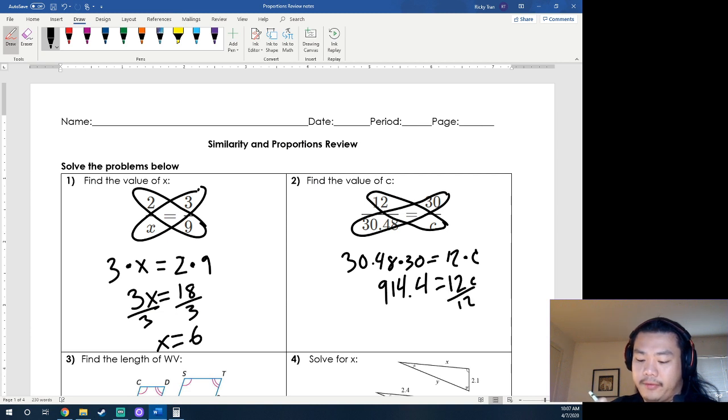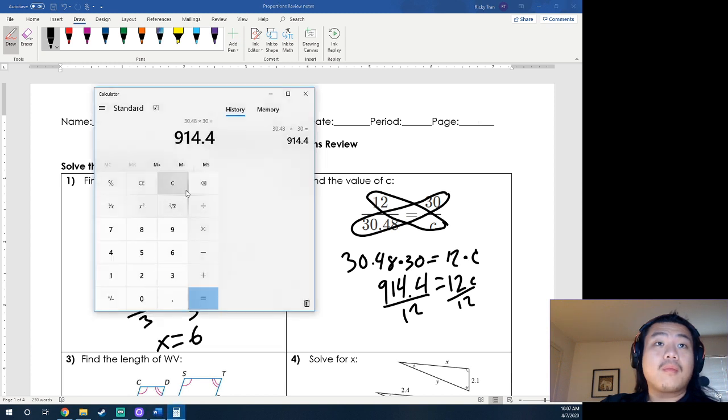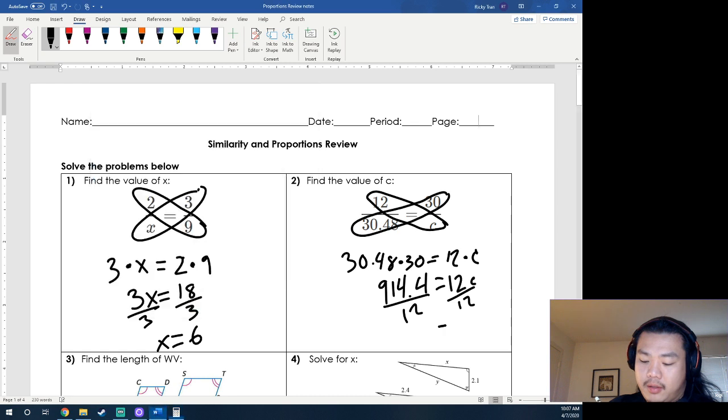We divide by 12, and we get c is equal to 76.2. This is the basic part of how to solve proportions. All right, so let's move down here.